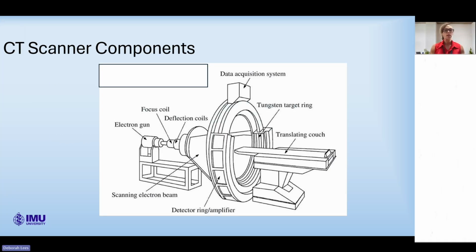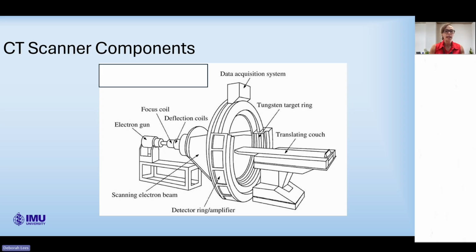So this is what it looks like. You've got your data acquisition system that sits right at the top over here. This is your gantry, the round bit, and then these are your detector rings that are surrounding, and then your X-ray tube, which actually spins all the way around here. You've got your deflection coils, your focus coils, and then your electron gun.